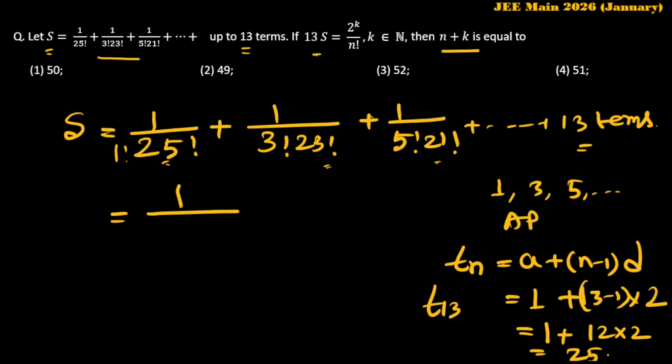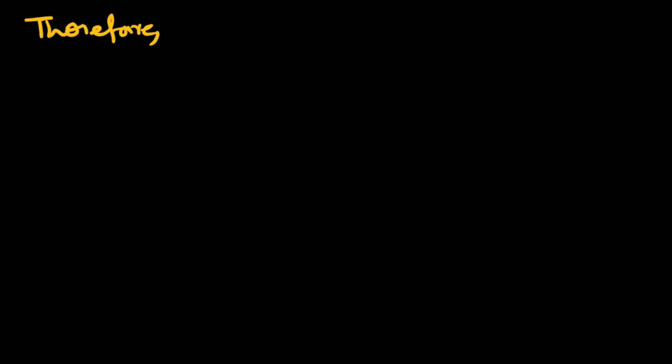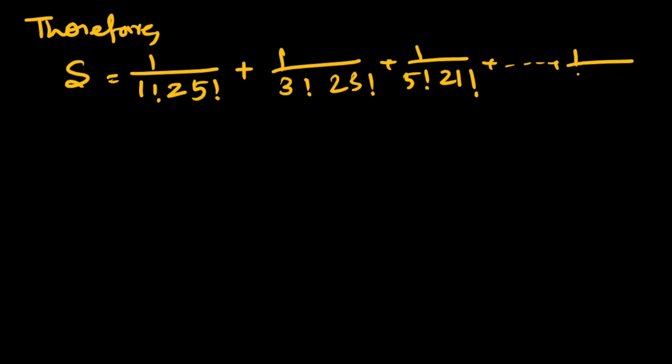So our S is actually 1 over 1 factorial 25 factorial, plus 1 over 3 factorial 23 factorial, plus 1 over 5 factorial 21 factorial, up to 1 over 25 factorial into 1 factorial.